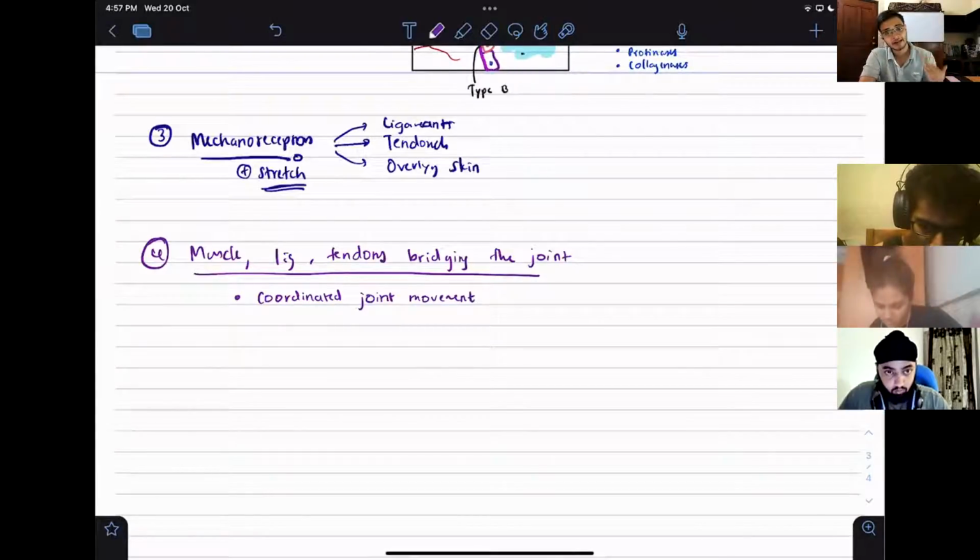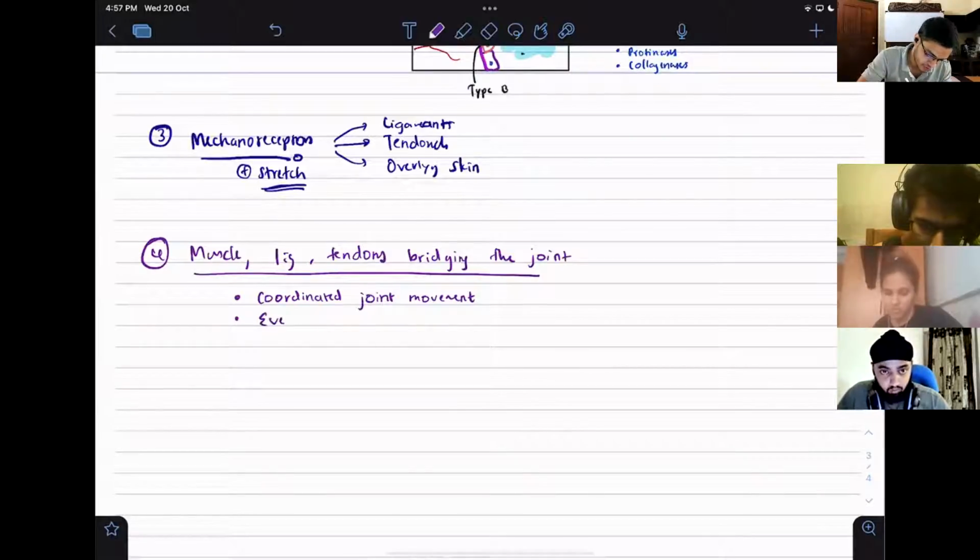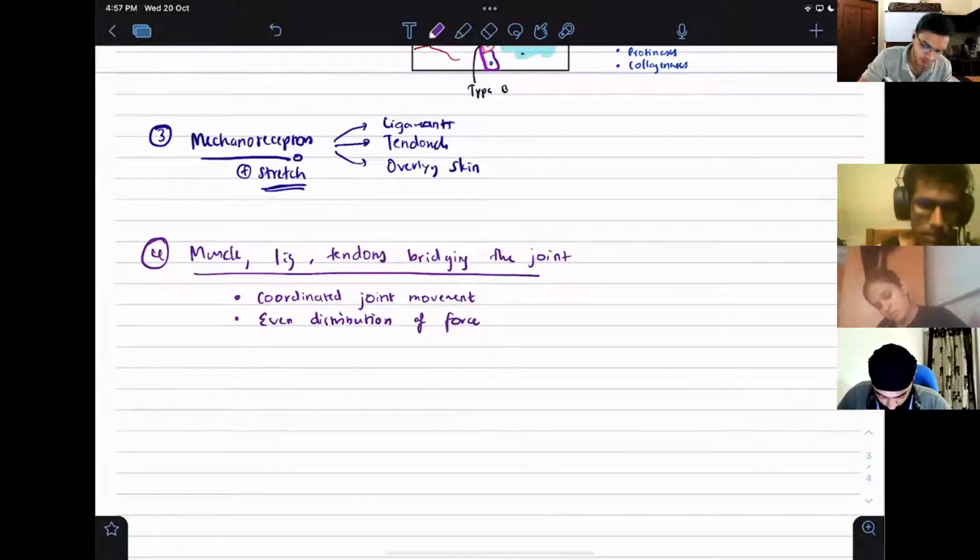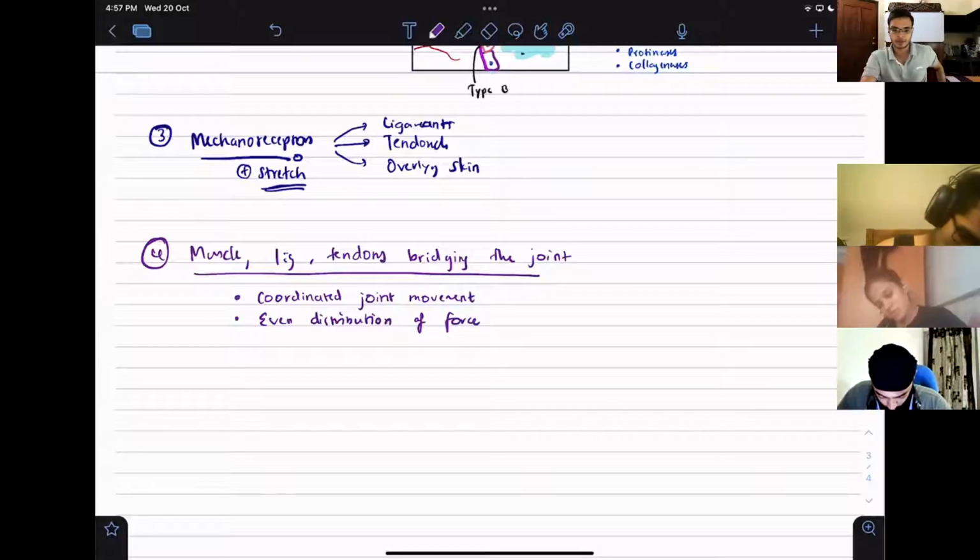And then these ligaments and tendons, these supportive structures, what do they do? They help with the even distribution of force across the joint. So there will be no focal stress on a single part of the joint, no very high stress in your joint when it's moving.